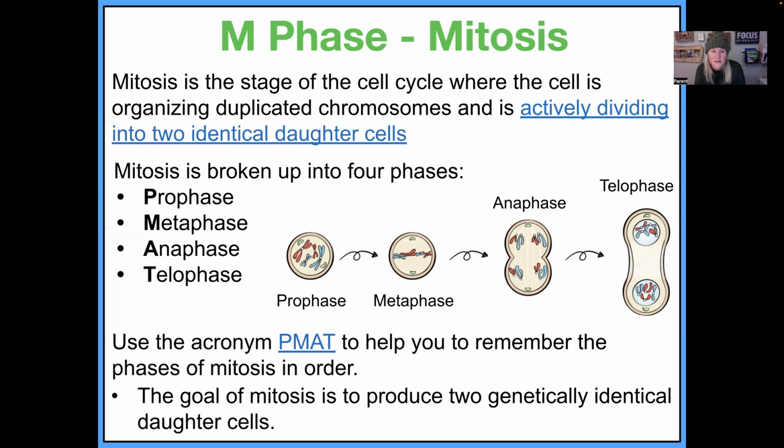So mitosis is prophase, metaphase, anaphase, telophase. If I ask you what that is, you can think of the acronym PMAT to help you remember mitosis. The goal of mitosis is to produce two genetically identical daughter cells.